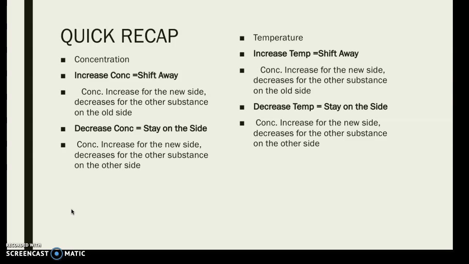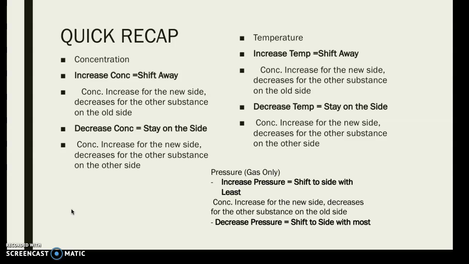Then we have pressure. Remember, pressure only affects gases. So for pressure, when we increase pressure, we're going to shift to the side with the least. And what I mean by the least is the least amount of molecules. To determine the least amount of molecules, you're going to add up the coefficients on your reactant side and get one number. You're going to add up the coefficients on your product side and get a number.